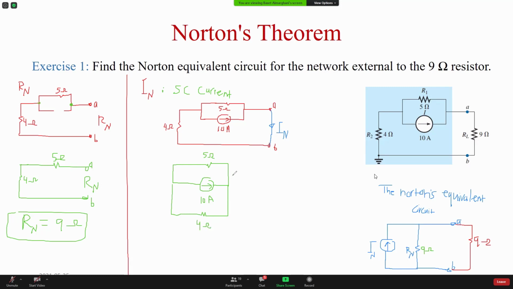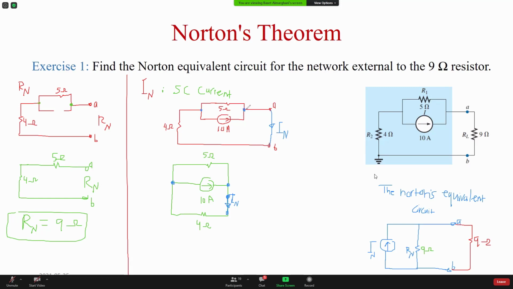This is the short circuit current here. This circuit is exactly like that one. This point is this point, and this point here is this point.